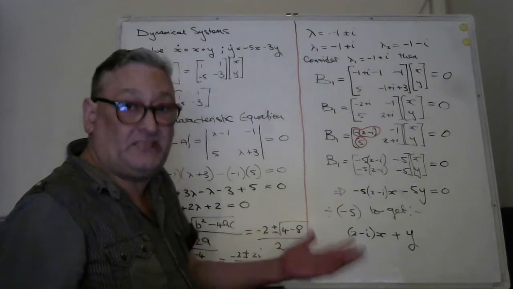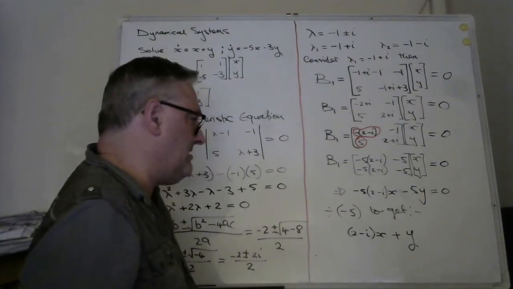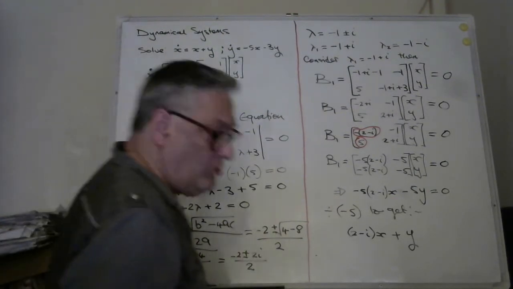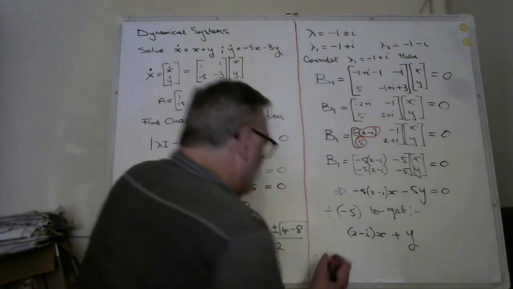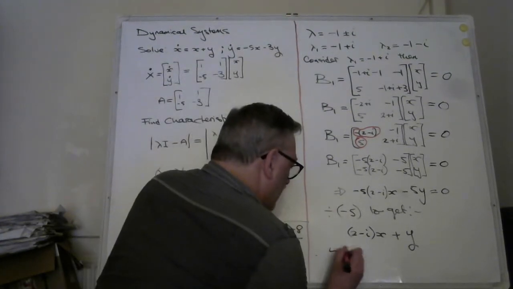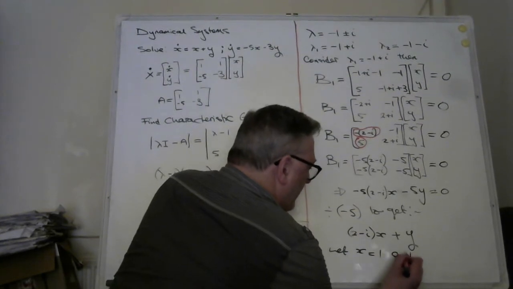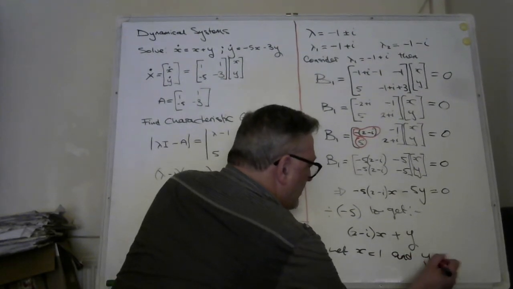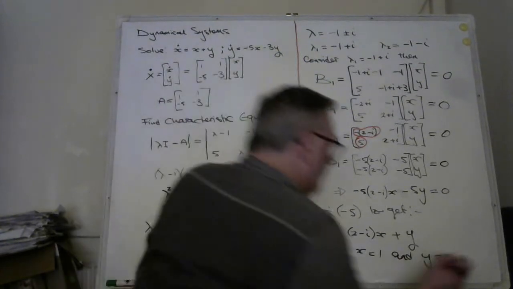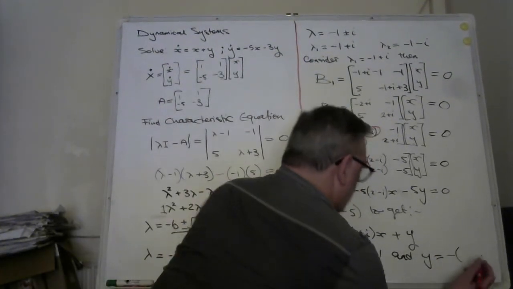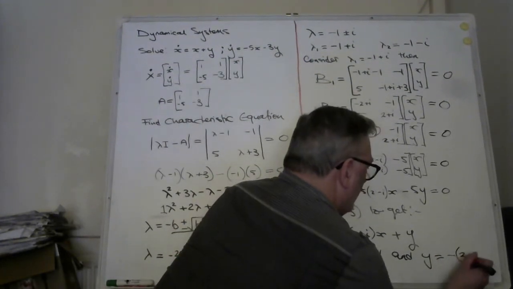We do just the same as we did before. We, for example, can let x equal 1 and y equal minus (2 minus i).